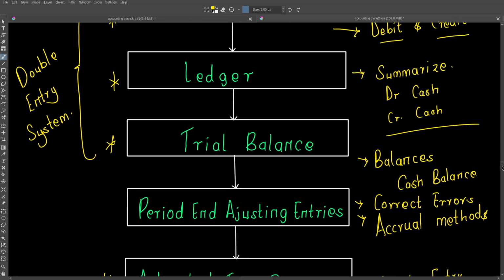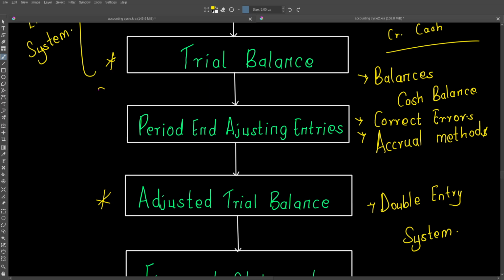Okay, then the period end adjustments, you're going to look at a whole module. That is module 3, where we shall be looking at period end adjusting entries. These are many. We usually have accruals, prepayments, depreciation, allowances for expected credit losses, and provisions.